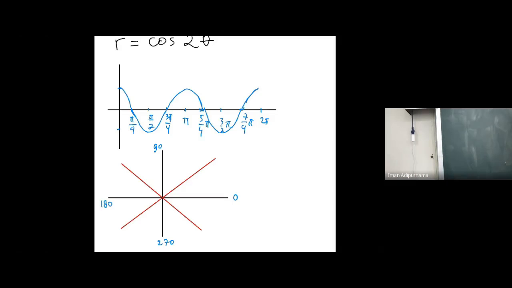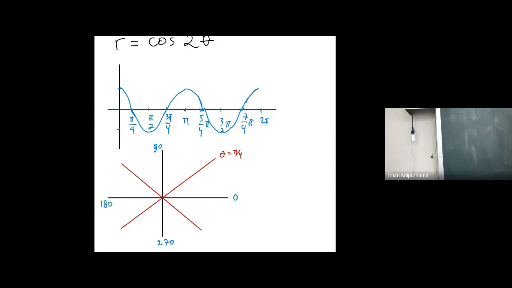So we start from 0 to pi over 4. Let's say this is pi over 4. So start from here, it's 1, and then goes down to 0.